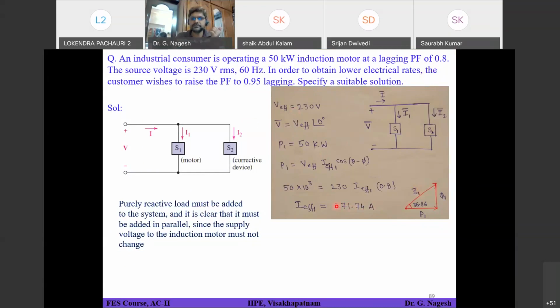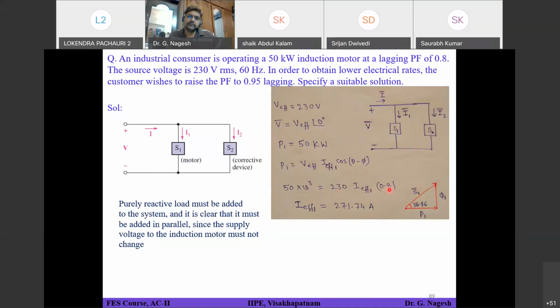If you multiply 271.74 into 230 into 0.6, you should get the same answer, the reactive power. You'll get the same thing. So that is only for Q1. Calculating Q1, you can use that method, because you know the current here.